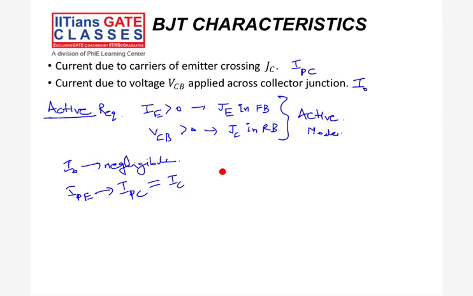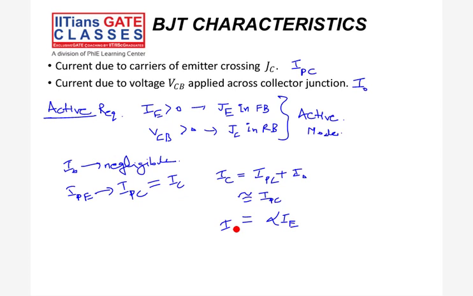So now IC will be the sum of IPC plus I naught. I naught is negligible, so I'll simply write IC is equal to IPC. That is the main thing we should understand. So what is this IPC? This is equal to alpha IE.